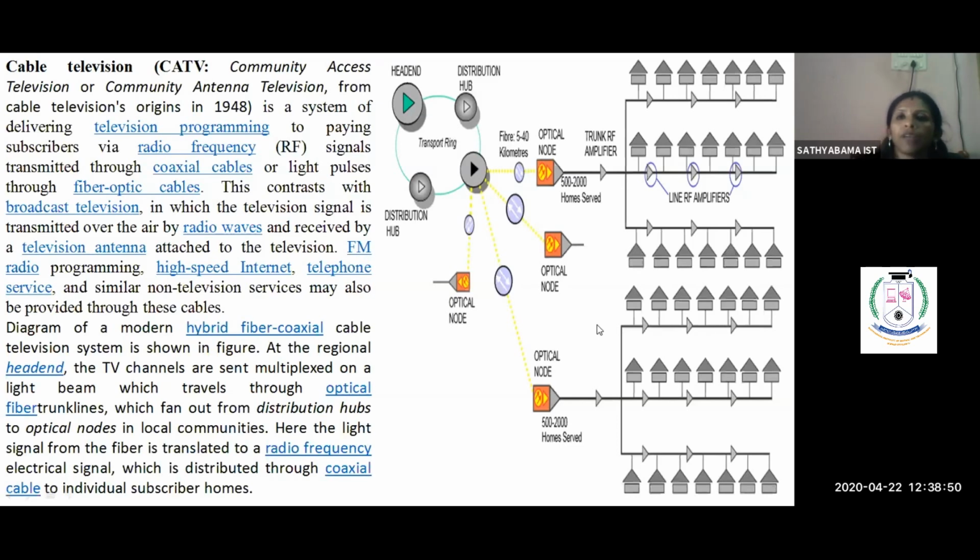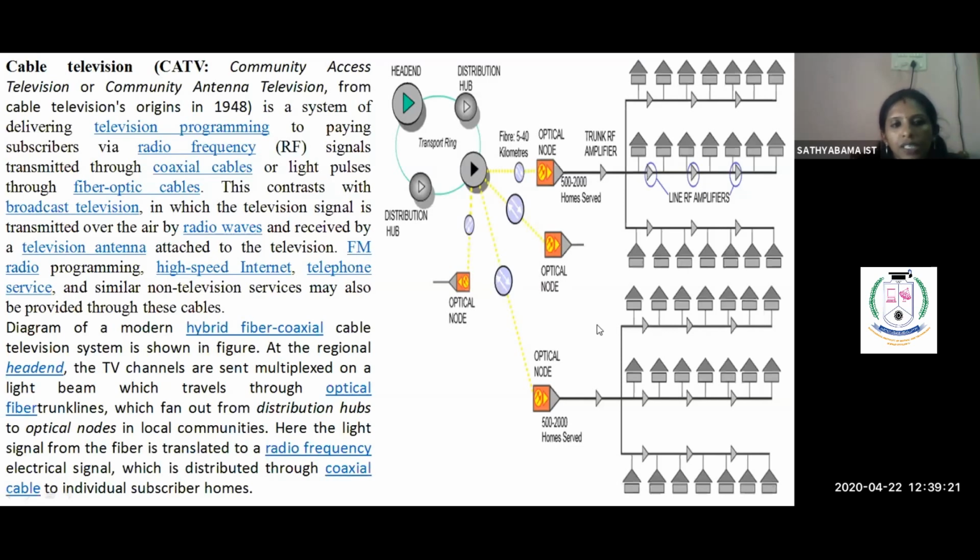The signals are then transmitted by means of fiber cables or hybrid fiber coaxial cables, connected to the houses through the distribution hubs, and therefore we are able to watch television by means of cable television.